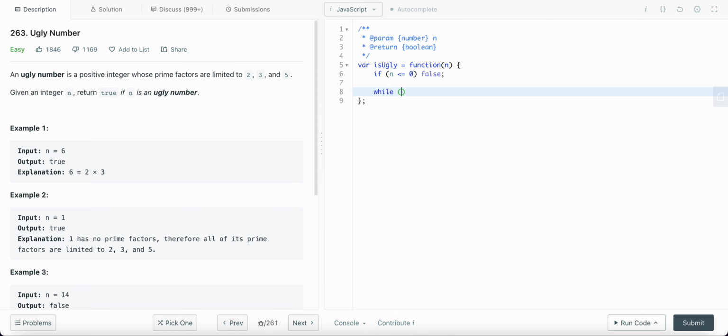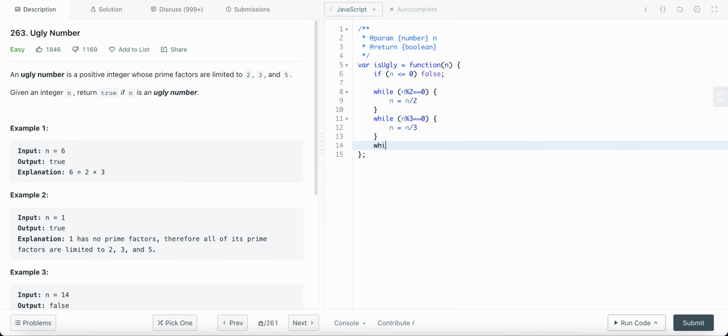Else what we are going to do is, while n is divisible by 2, we are going to update n equal to n divided by 2. Also while n is divisible by 3, update n equal to n divided by 3.